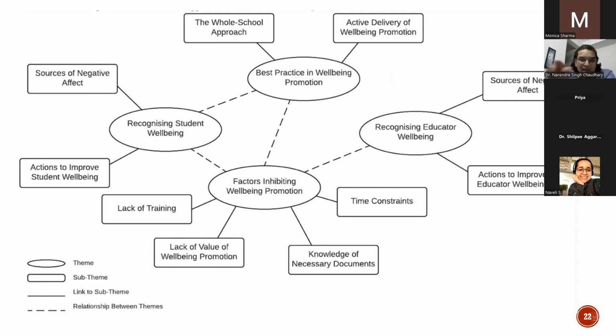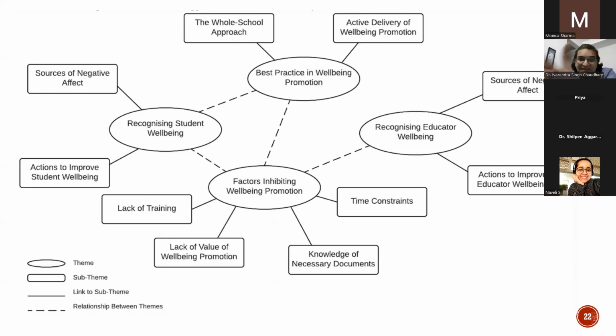Correct? If you look at the pattern, what are the major themes here? Tell me. If I talk about the factors inhibiting well-being promotion, so there are certain categories, or you can say the subcategories. What are they? So you're asking about the sub-themes, correct?